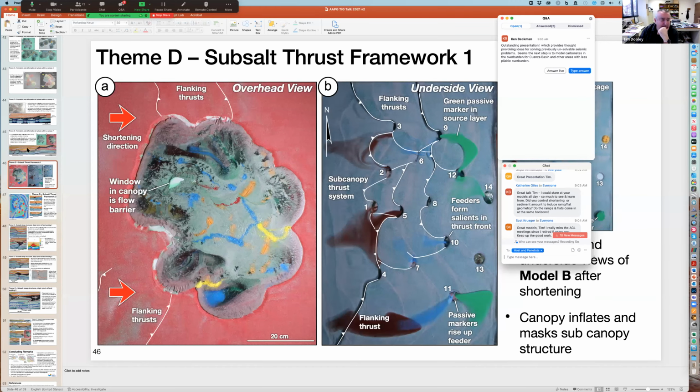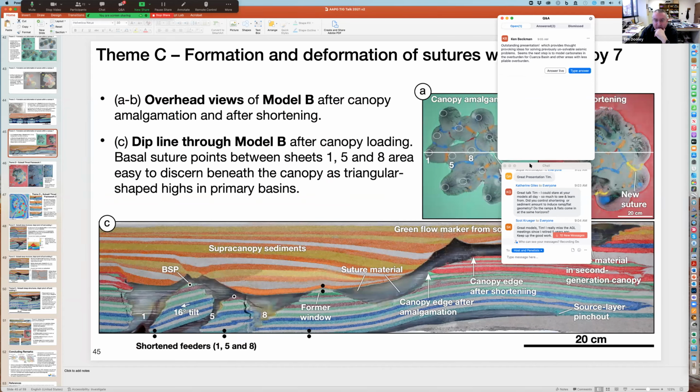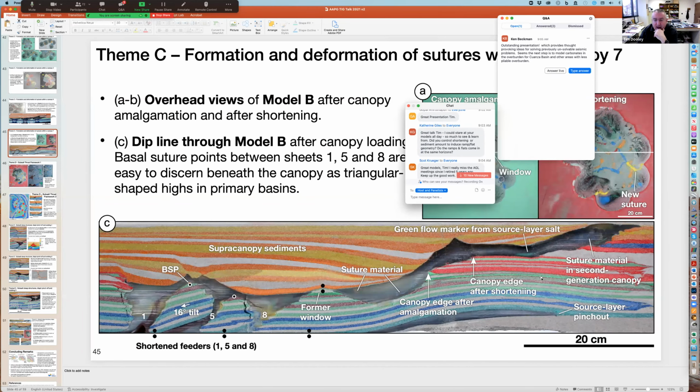Yeah, so I can kind of answer that by looking at it here. Yes, because I was adding sediments outboard.